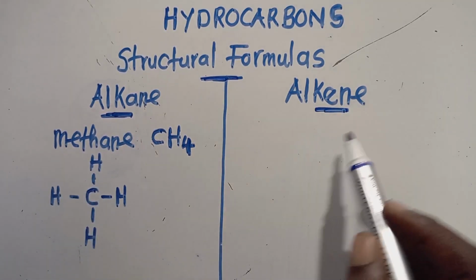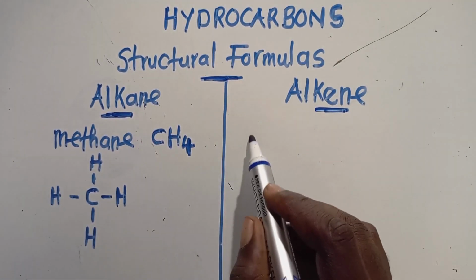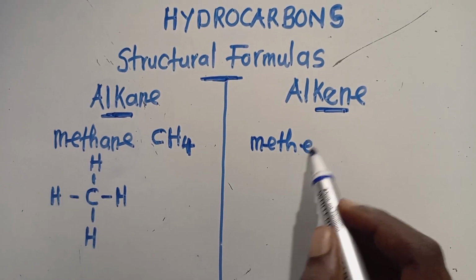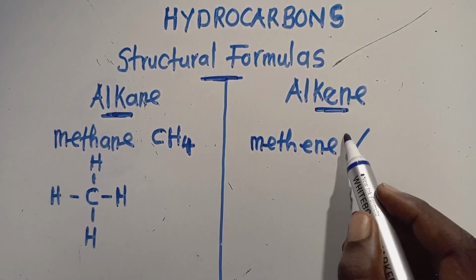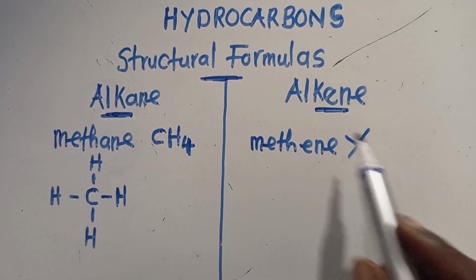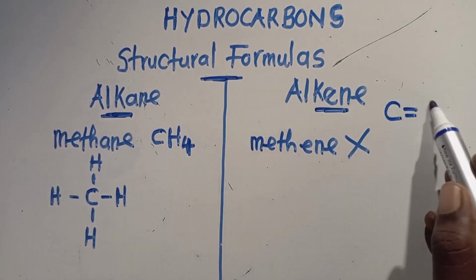But when we go to the alkenes, the first member that starts with this word meth, we don't have something like this. This one does not exist, because whenever we are talking about alkenes, these have got a double bond between carbon and carbon.